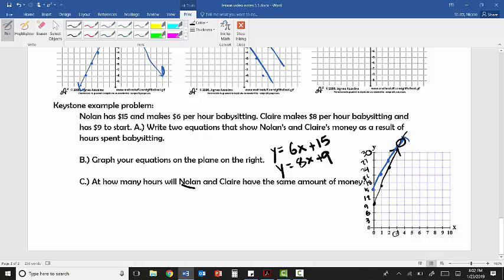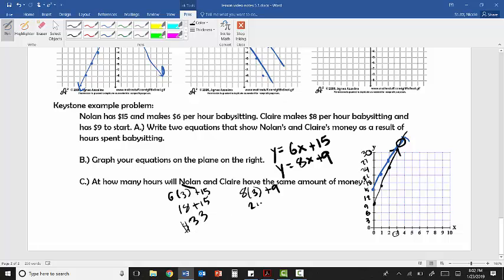So for Nolan, he's going to have 6 times 3 plus $15. And for Claire, she's going to have 8 times 3 hours plus $9. Let's just get those answers and see what we get. We get 18 and 15, which is going to be 33.